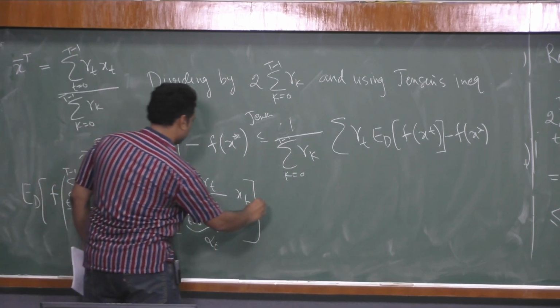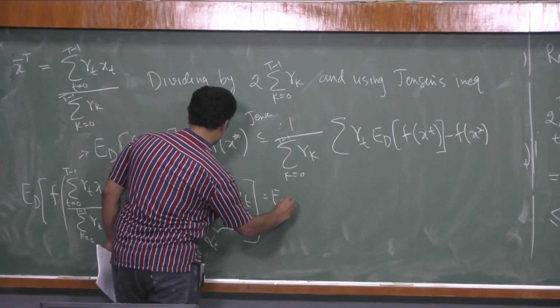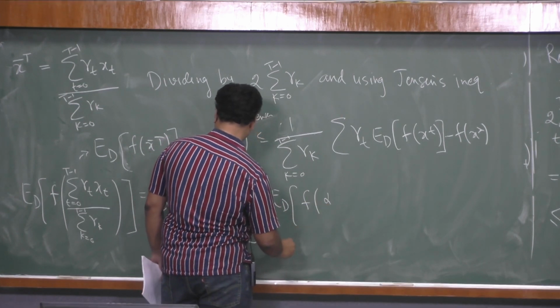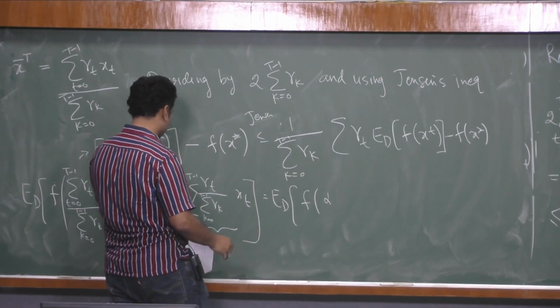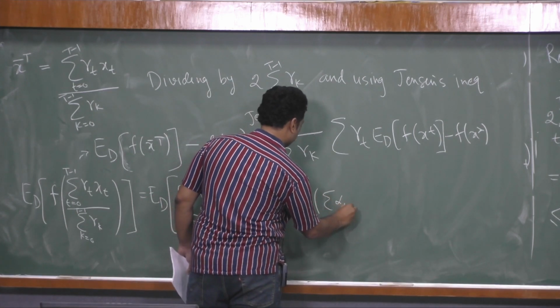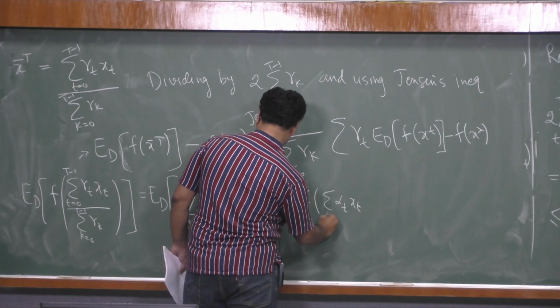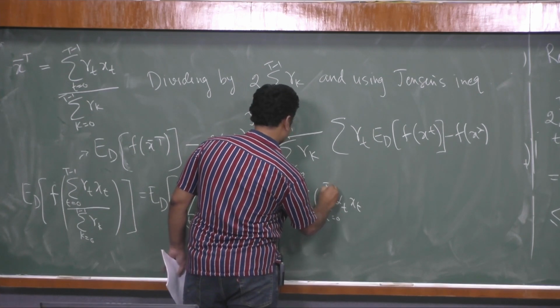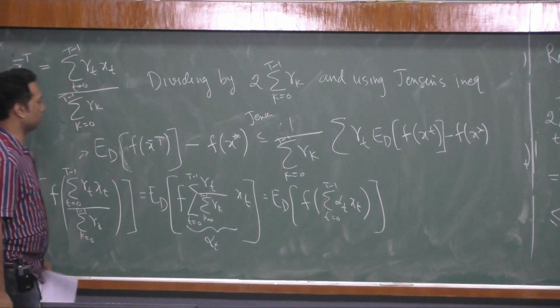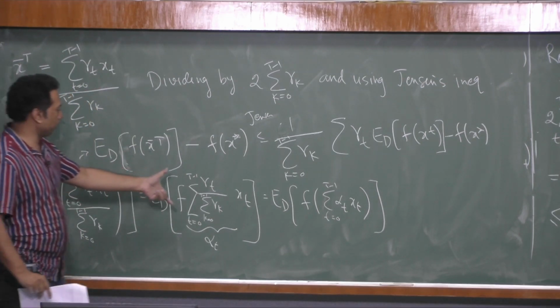So this is of the form expectation of f of the sum of alpha t x t, okay? And these sum to 1, right?